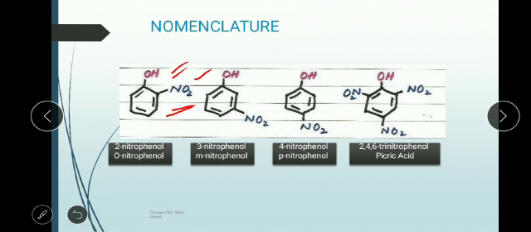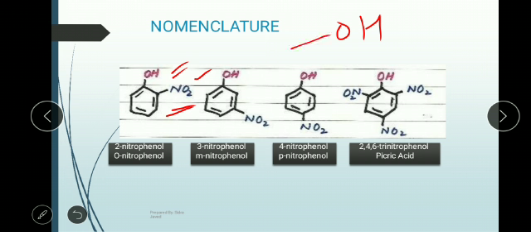Next is OH, NO2, 3-nitrophenol. Next is 4-nitrophenol and 2,4,6-trinitrophenol. One more thing, one correction: here we give the preference to OH, not NO2. So correct this thing.